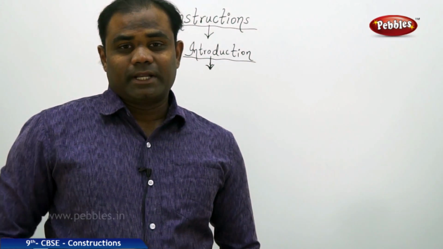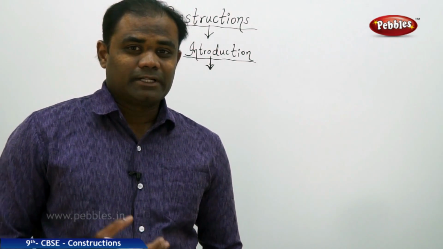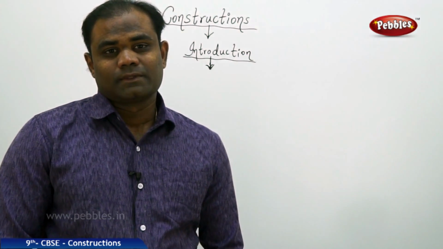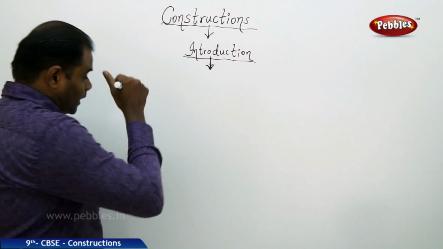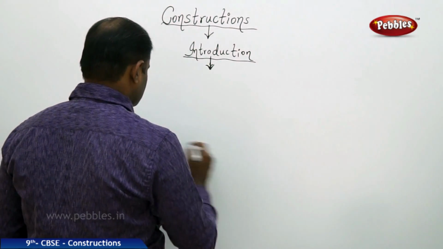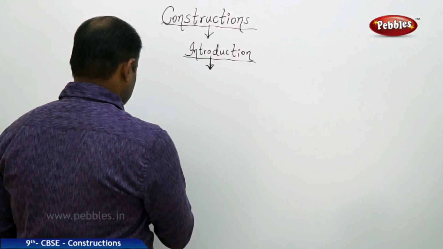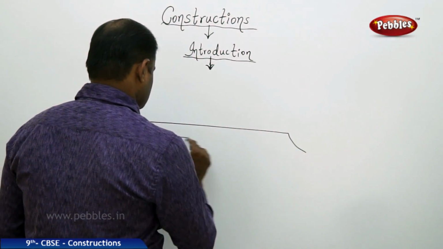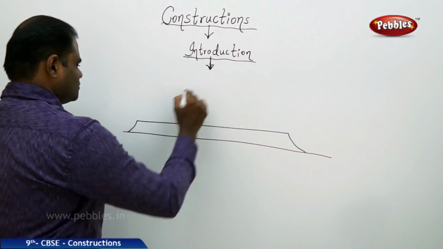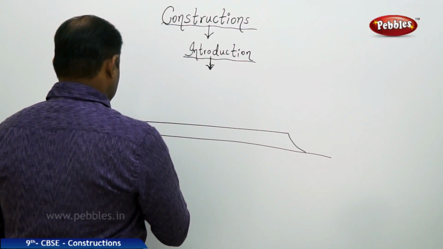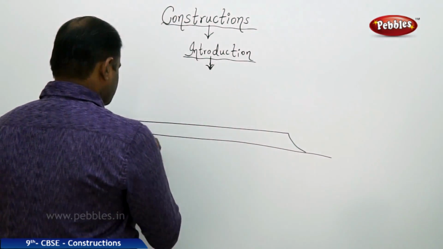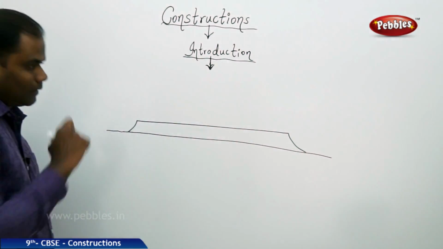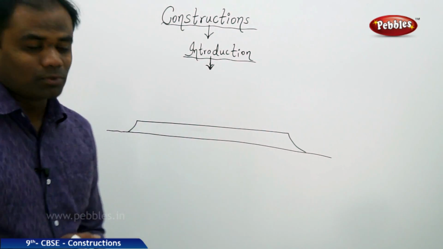Before we get into understanding construction in detail, let's get into introduction of a real life situation. So for example, I have a bridge. This is the bridge along which I would like to construct a support.